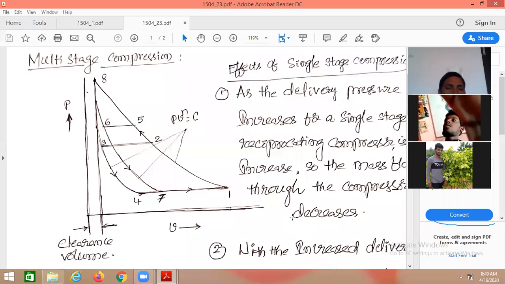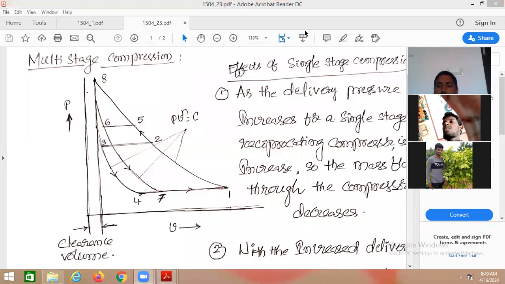When no fresh air is entering in the next cycle, where is the possibility of compressing in continuous cycles? That is why we don't adopt single stage compression. We purely depend on multi-stage compression.